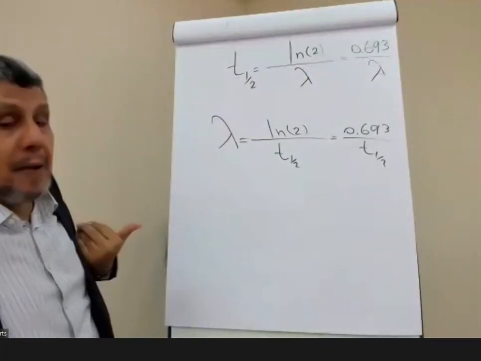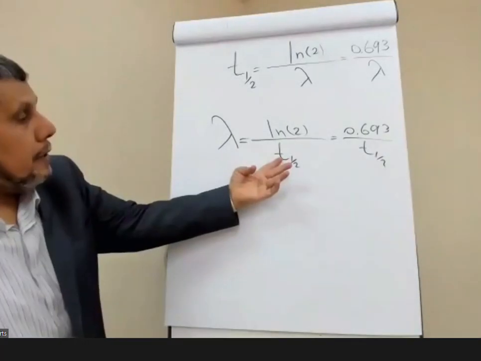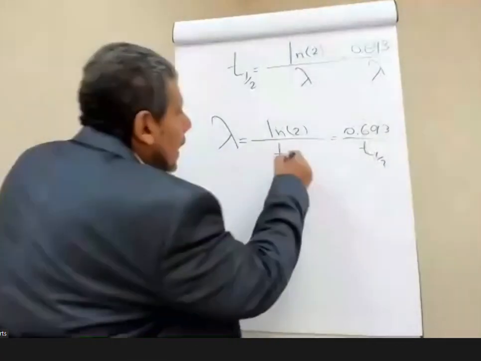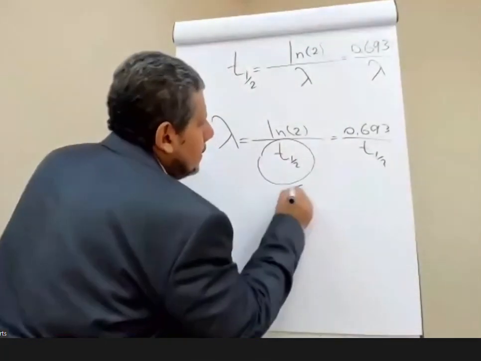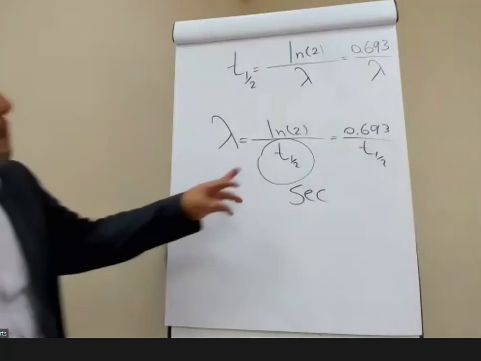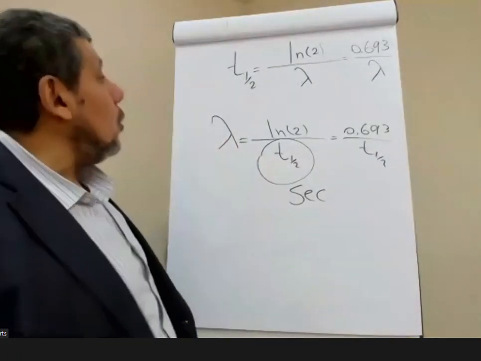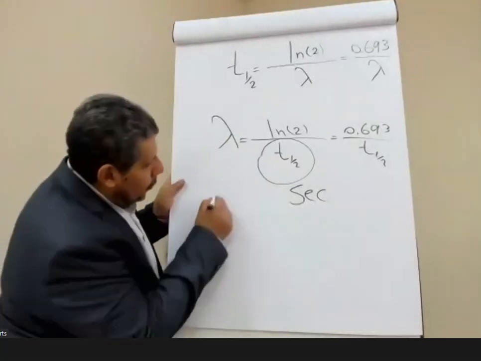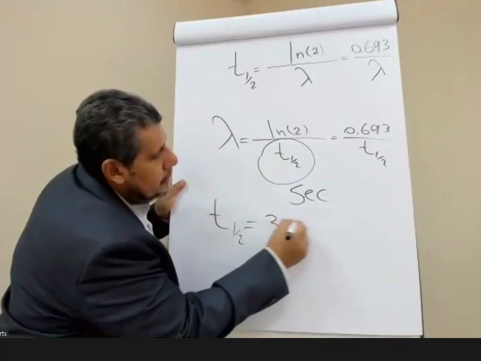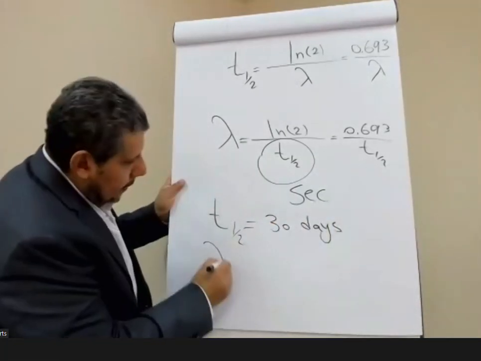If an exam gives me T half and I need lambda, okay, put T half here. But take care. This must be in seconds, because lambda is 1 over second. Assume I told you T half equals 30 days. What is lambda?